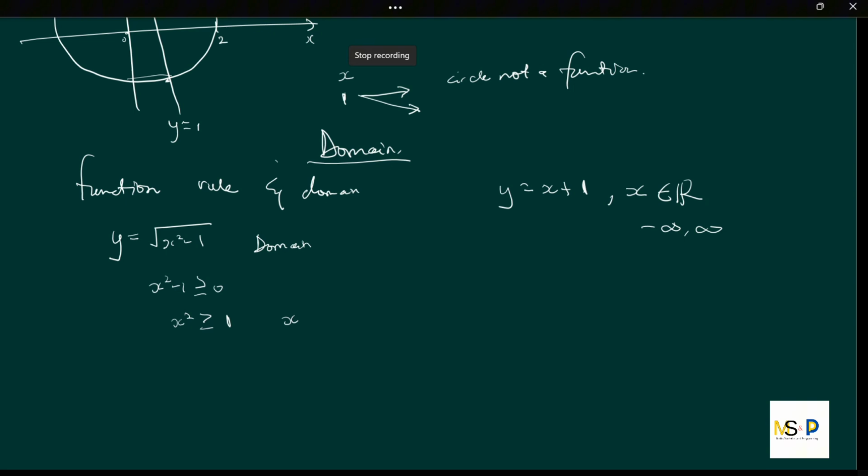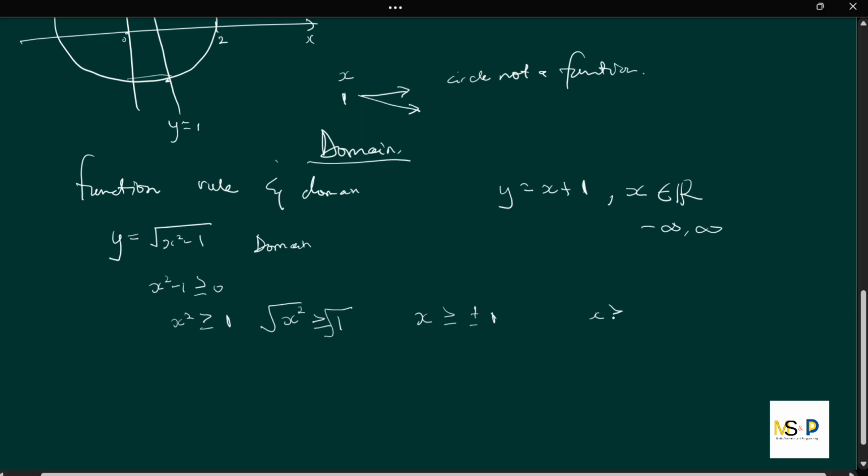So x squared is greater than or equal to 1. We take the square roots and we find that x is greater than or equal to plus or minus 1. Have I messed up? Greater than or equal to negative 1.